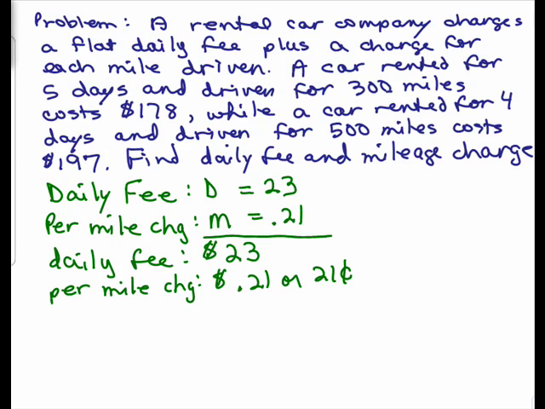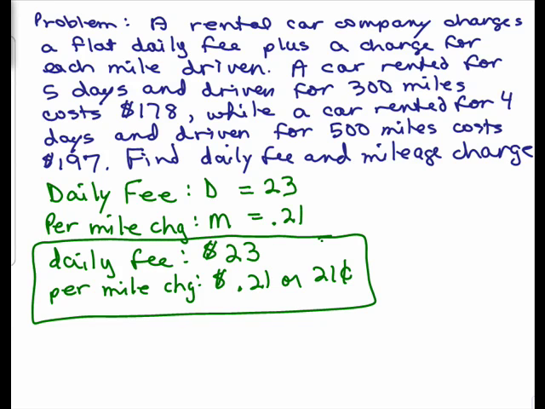So first of all, it looks like that's going to be correct. Now I want to go back to the original problem and see if this was the daily fee and the per mile charge. Does the information it gave us at the beginning still hold true? So it says a car was rented for 5 days and driven for 300 miles. So here's our check. 5 days would be 5 times 23 bucks a day. That's going to give us our daily charge.